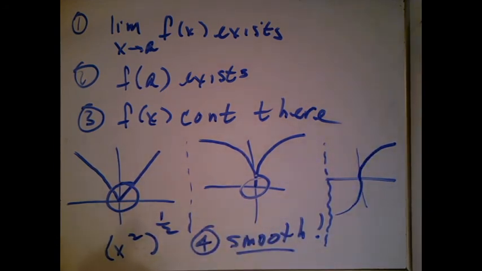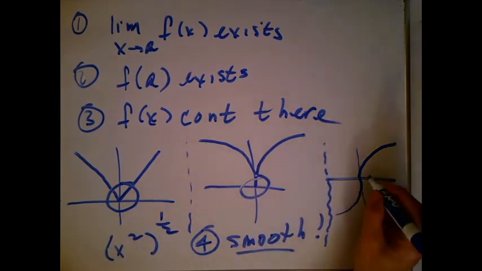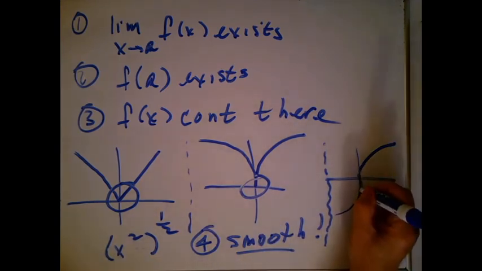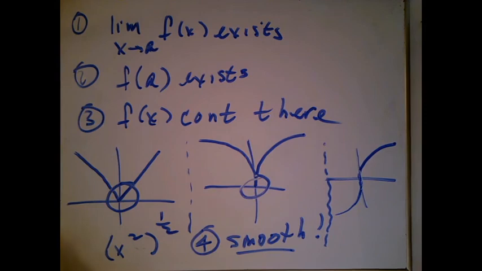But let's just talk about that again. This one has a lovely tangent line right here. It's smooth. I can see the tangent line, but the problem is that tangent line doesn't have a slope. So that gives us the last little condition. Not only do you have to be smooth and see the tangent line, but to be differentiable, we actually have to have a slope at that point.